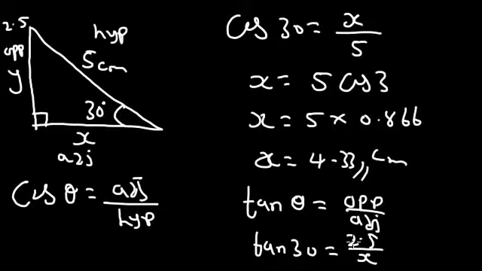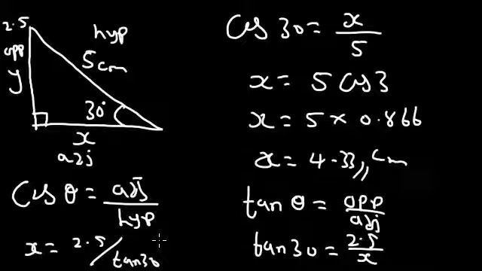If we cross multiply, we end up having x equals 2.5 divided by tan 30. So let's confirm that.